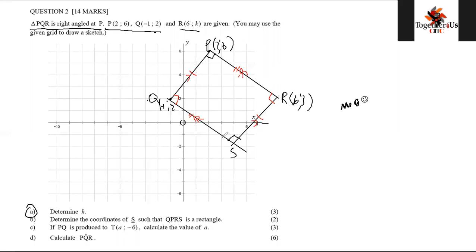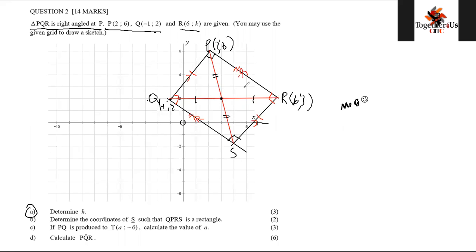We've spoken about diagonals, that they bisect. Maybe I could throw that in also, if you like. So they bisect such that this point is the midpoint of either these lines or those lines.